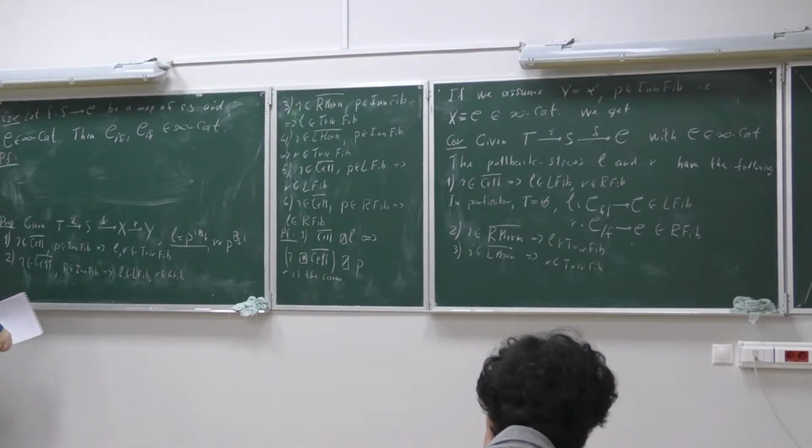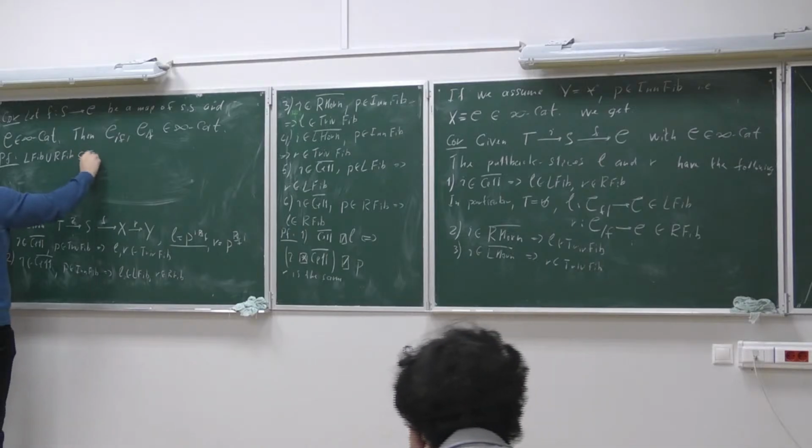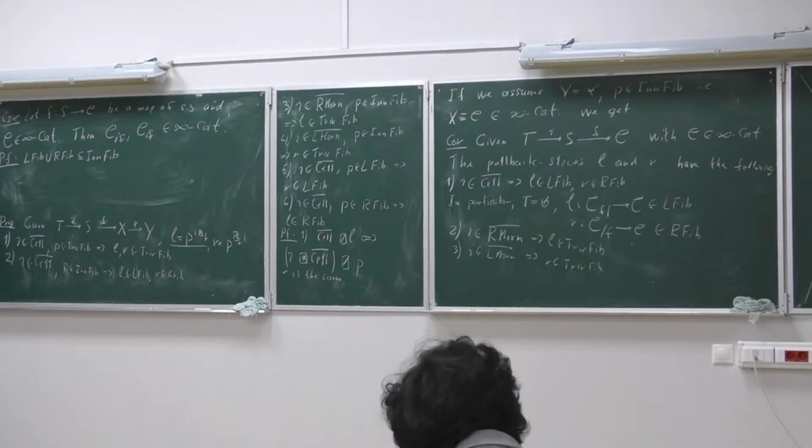Essentially, maybe again I just say that everything is obvious, but let me just write one line. So first of all, clearly, a left vibration or right vibration is an inner vibration. Is that clear?